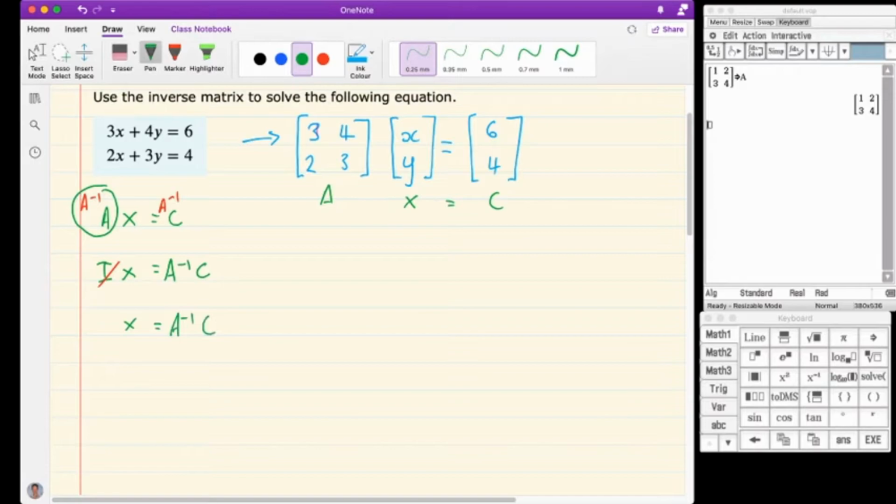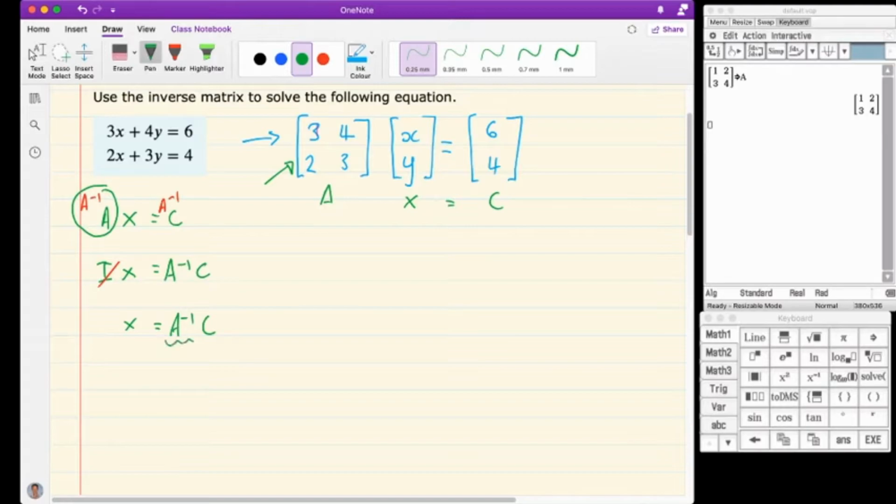It means exactly this: if we enter this first matrix into our CAS, create its inverse by putting it to the power of negative 1, and multiply that by c, the answer over here will give us x and y. Exactly what we've done here.